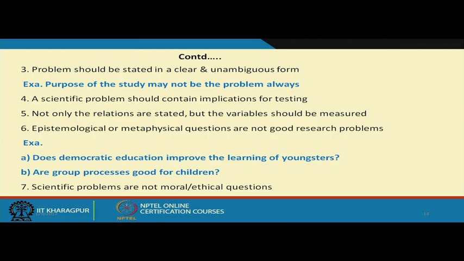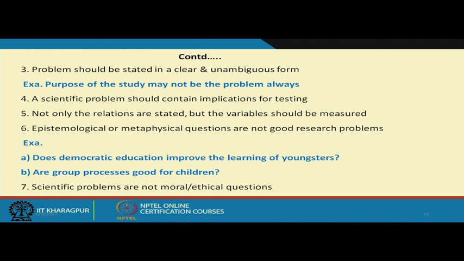So, these two variables should be measurable. If you take teaching methods, they should be measurable. If we take students' achievement, it should be measurable. If you take classroom behavior, it should be measurable. It is not enough to get some kind of relationship; the two variables should also be measured.